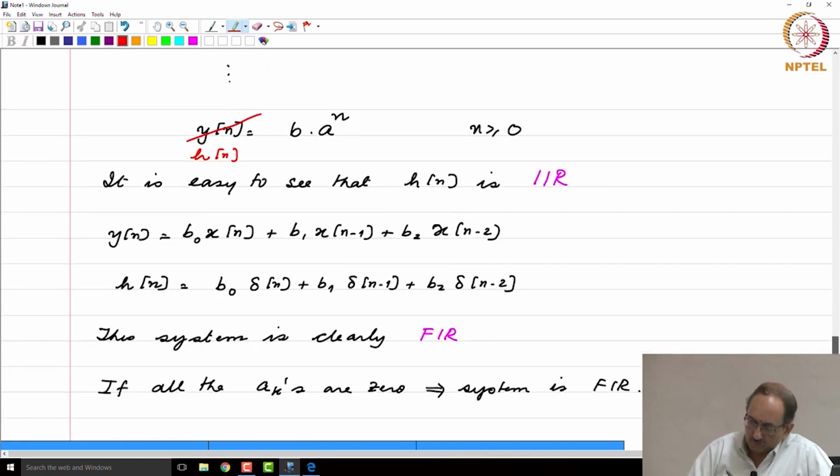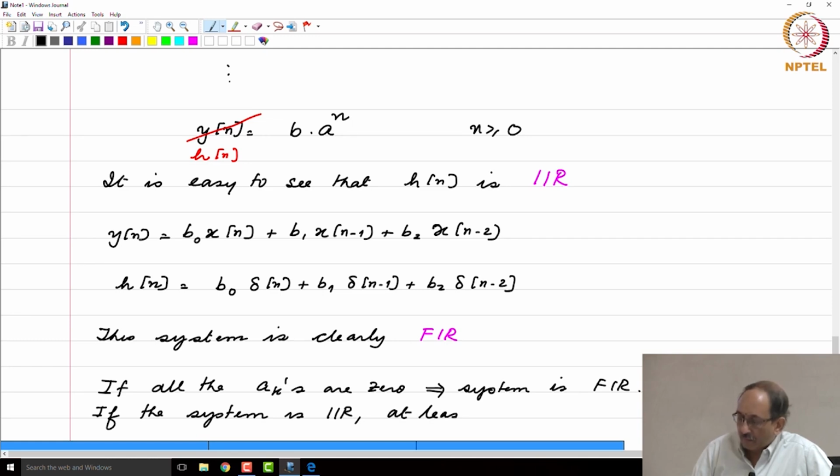All right. So, if the system is IIR, at least one a_k is non-zero.